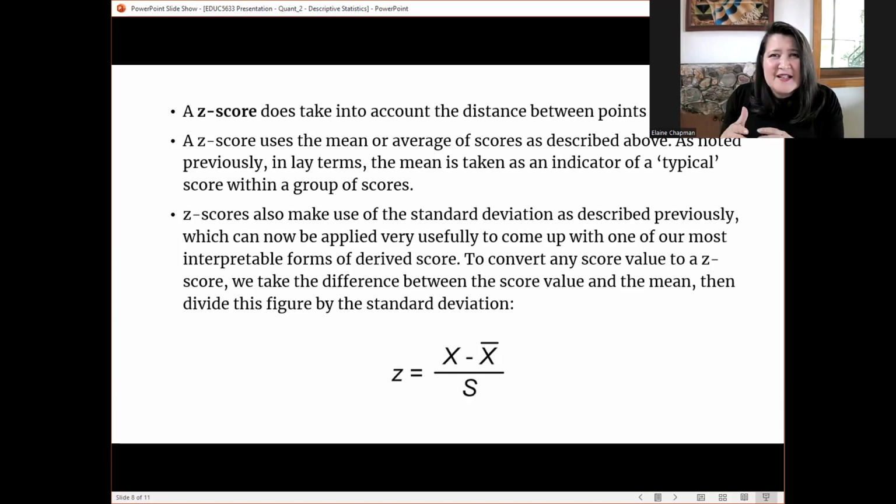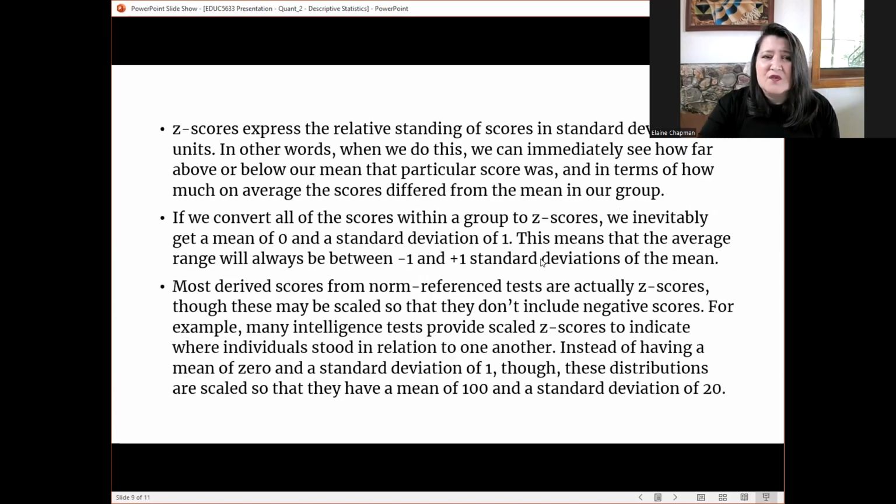But also, did it fall more than one standard deviation away? One standard deviation represents the average deviation from the mean. If we get a Z-score that falls more than one standard deviation either below or above the mean, it tells you that the score is beyond the average range of score deviations from the mean. So it tells you that score is atypical. So it's quite a useful indicator, the Z-score.